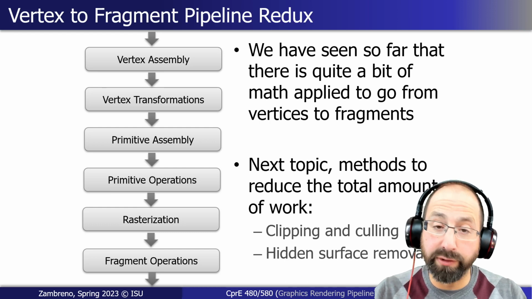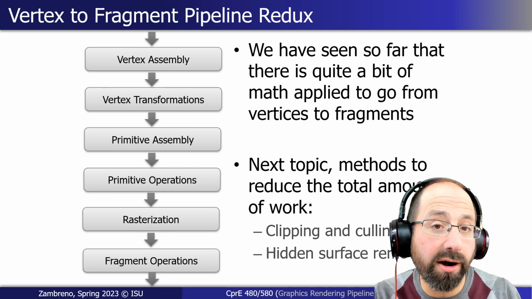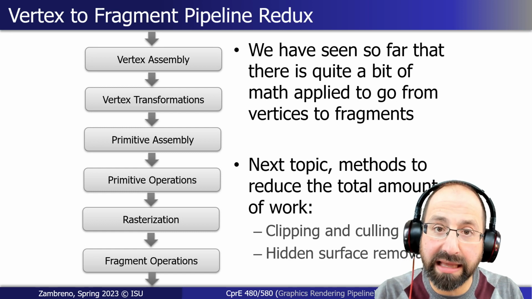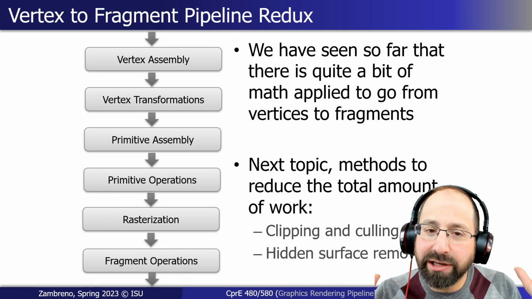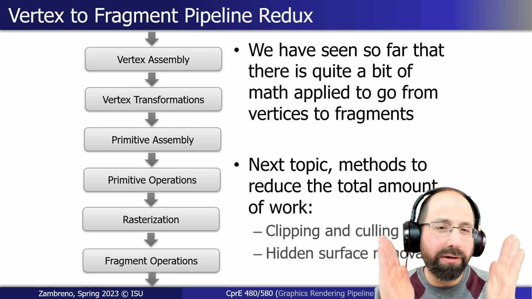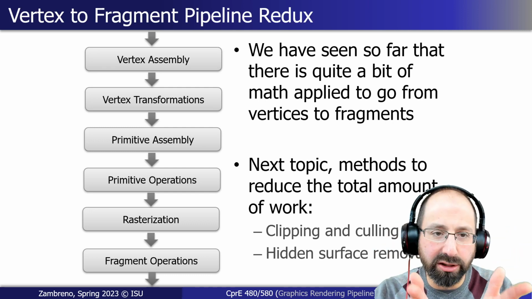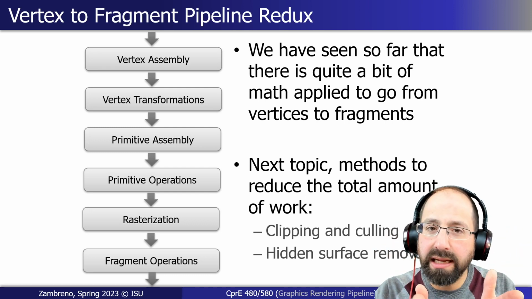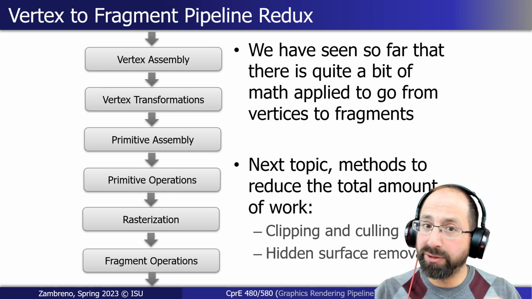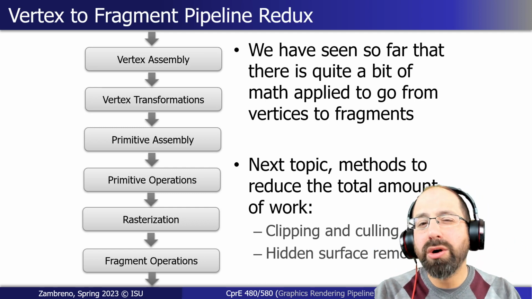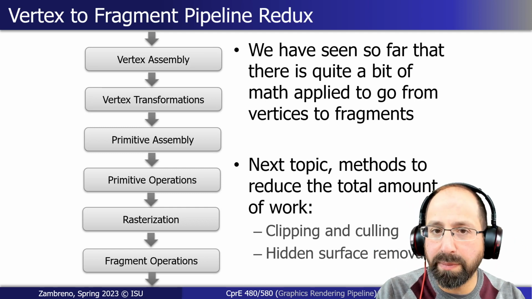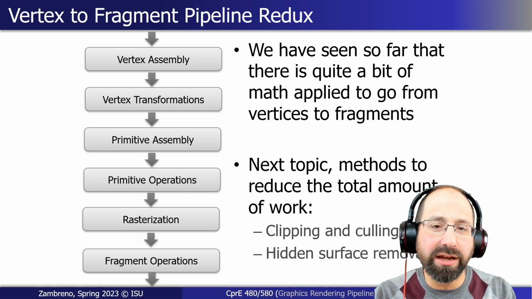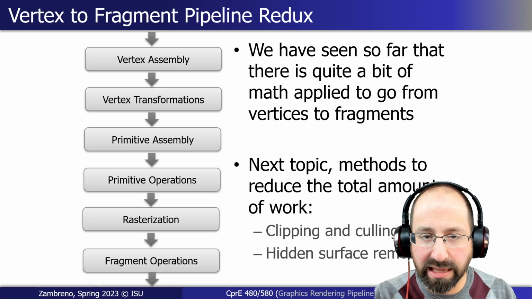That assumption is true for the applications we've been working on so far, but generally that is not going to be the case. Let's say we have a game engine or some interactive scene. We have a camera that's going to be looking at a particular part of all of our geometry. And for the rest of the geometry, we're still potentially specifying it. We're still potentially sending those vertices down the pipeline, but we want to make sure they don't actually show up on the screen at the end of the day.